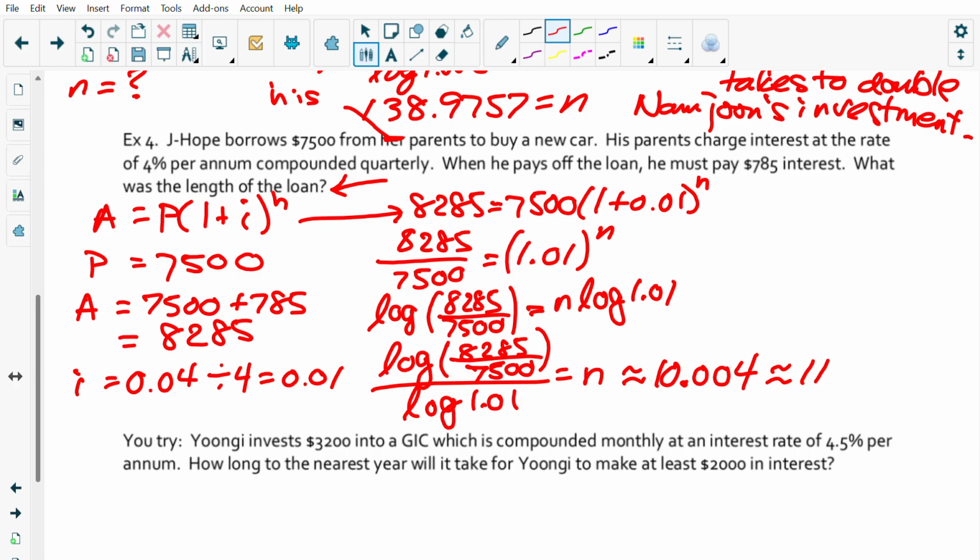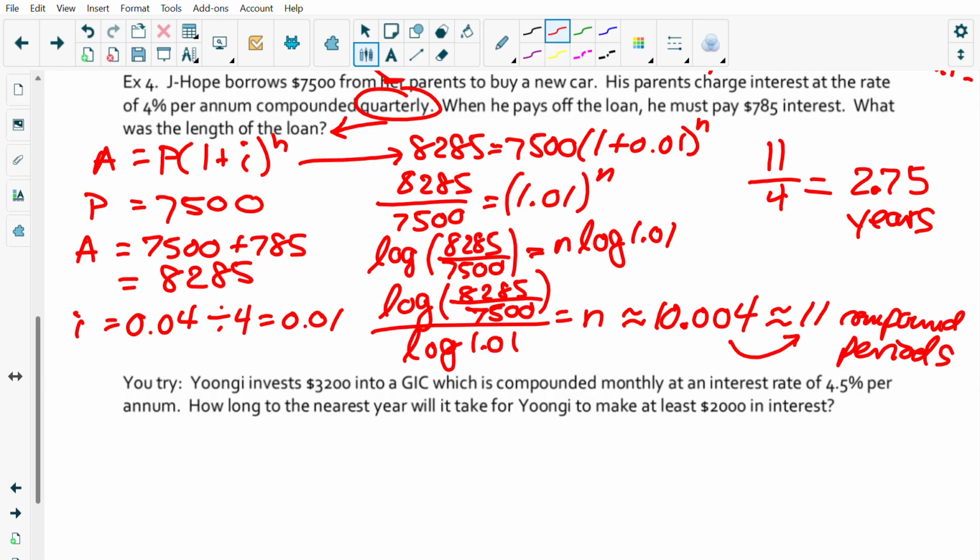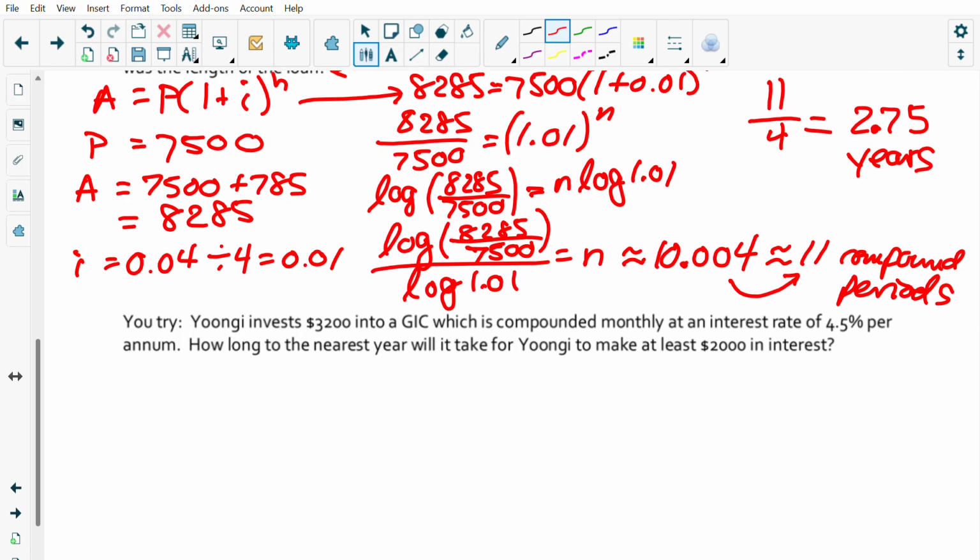So that's why it looks a little weird. That's why I have to go up to the next whole number there, okay? 11 is the number of compounding periods. I want the number of years, so I'm going to take 11 divided by 4 because it's compounded quarterly, and that's 2.75 years. Okay, so the loan term is 2.75 years.